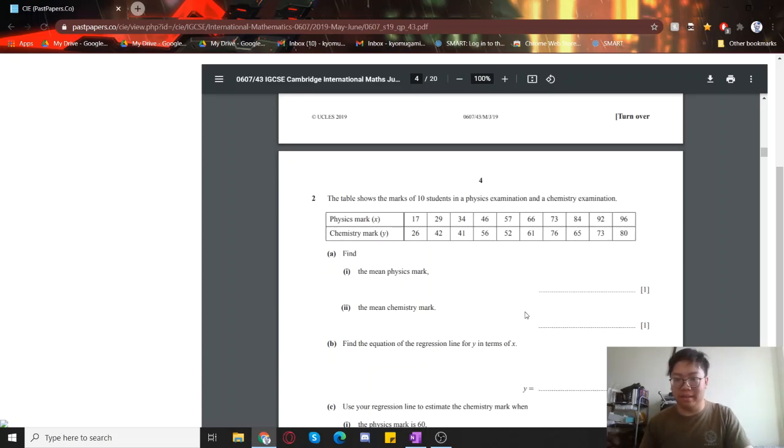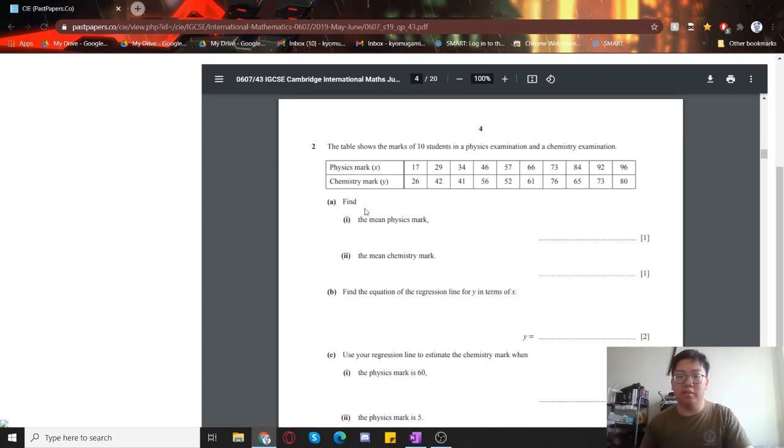Okay, so slightly harder, mean physics mark. This is what I would say you could best use your calculator for. If you're like me and you're just genuinely not bothered to type in all the numbers, you can just use this. So I'll just use it on my calculator. I'll give you a moment.